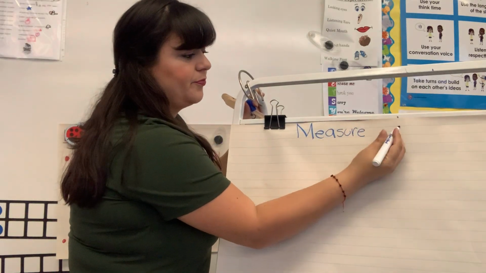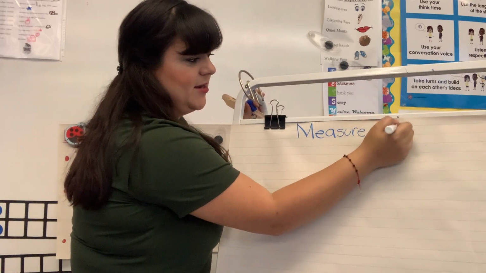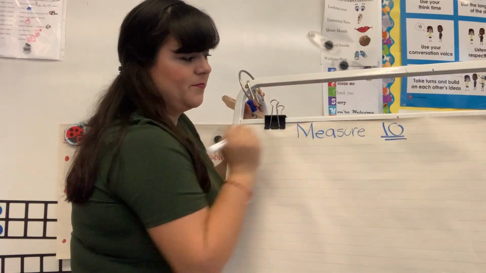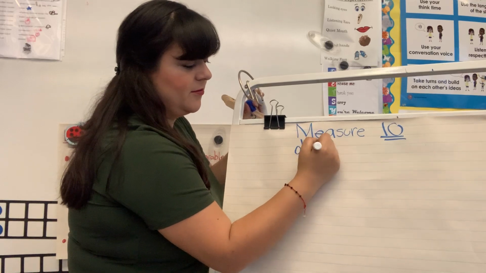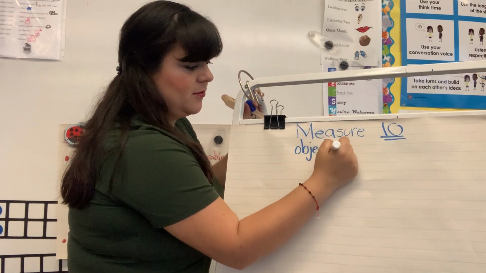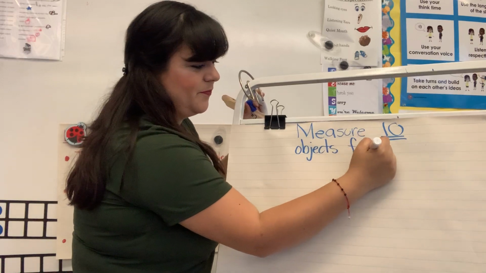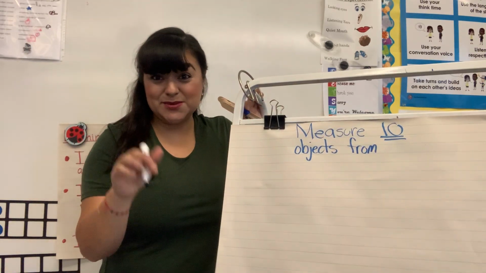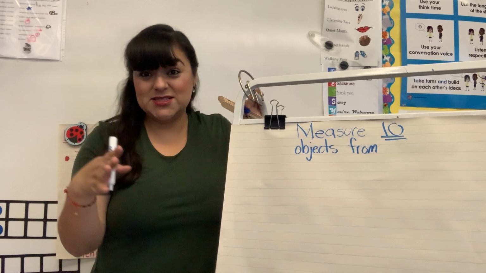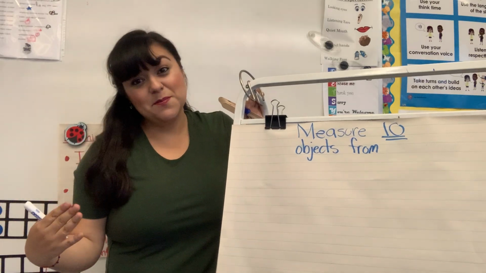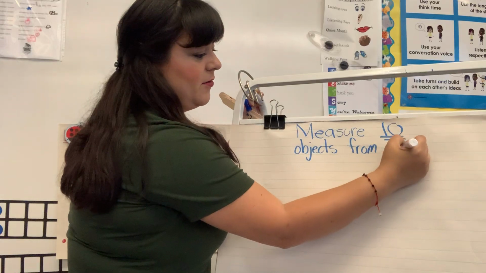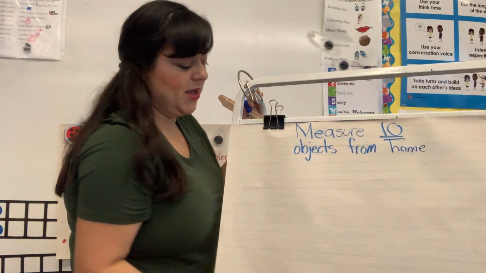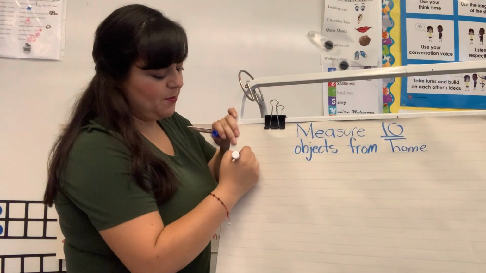Measure 10 objects from home. So you can pick some small things, medium things, some large things, and measure those objects in your home.